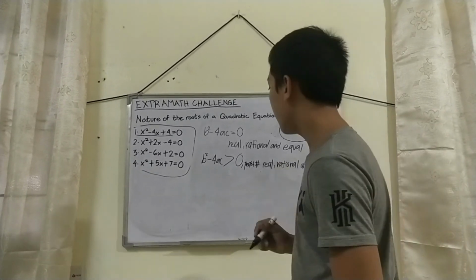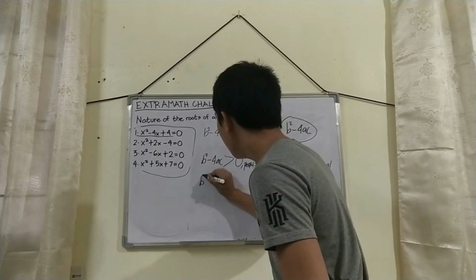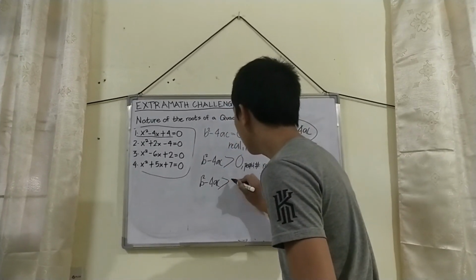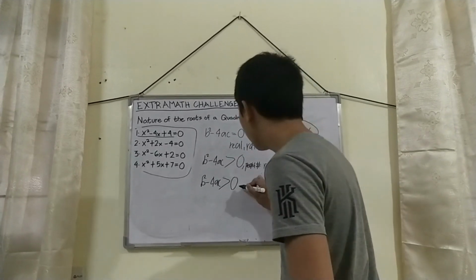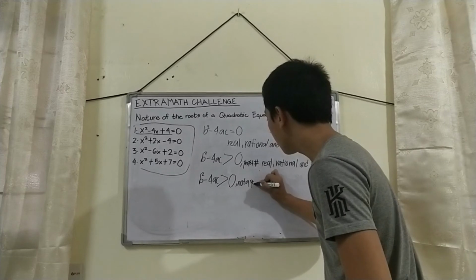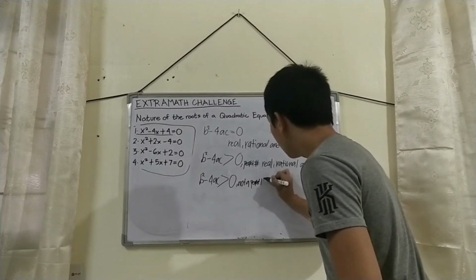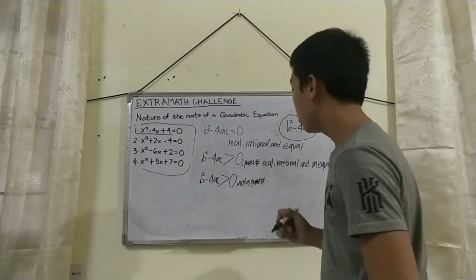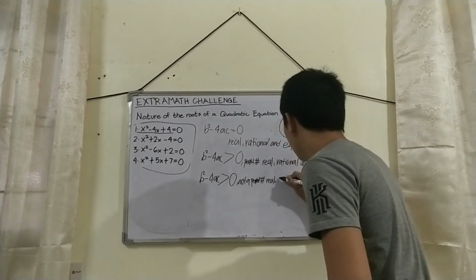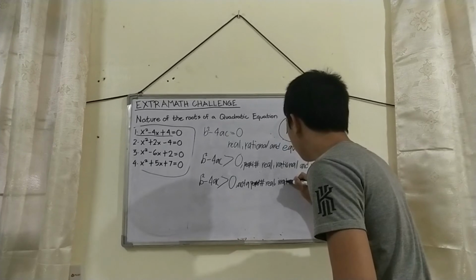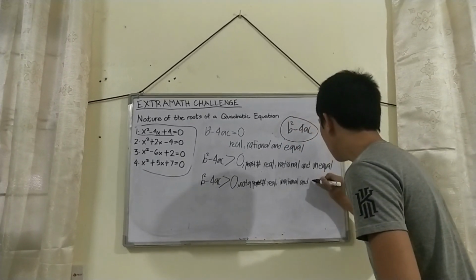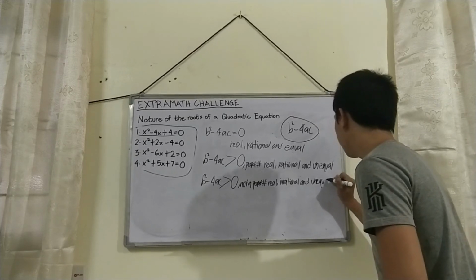In the third case, b squared minus 4ac is greater than 0, but it is not a perfect square number, then the nature of the roots are real, irrational, and unequal.